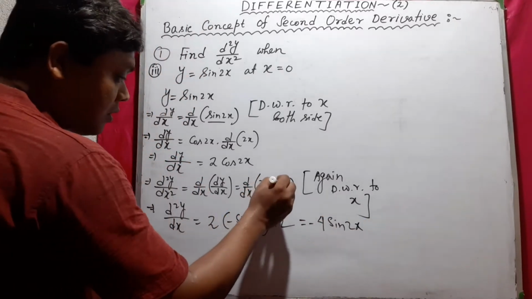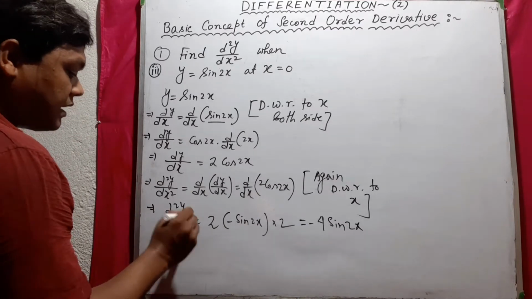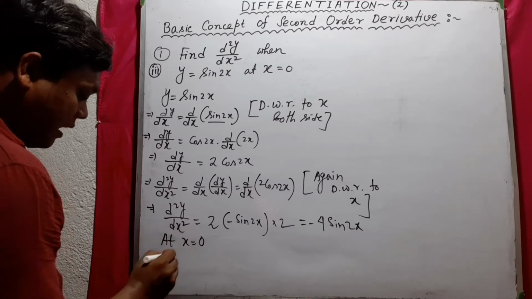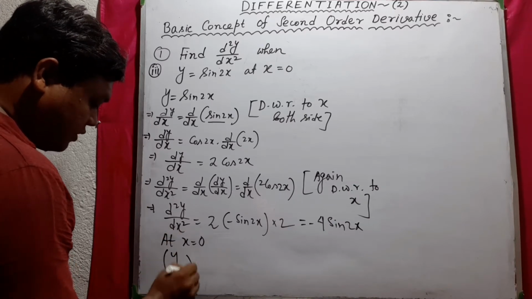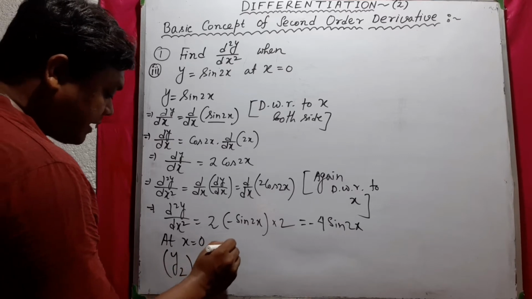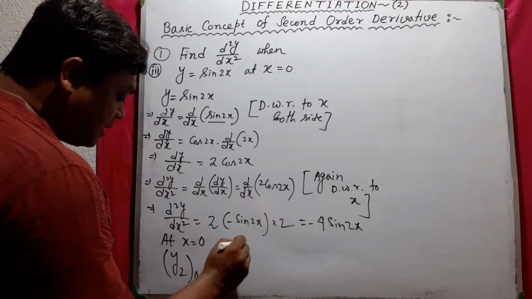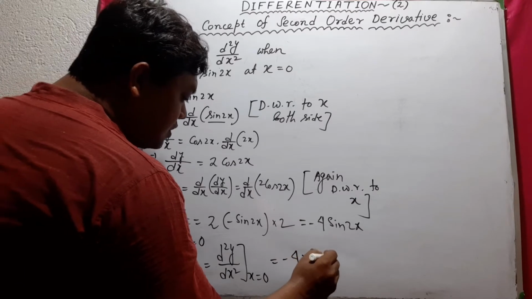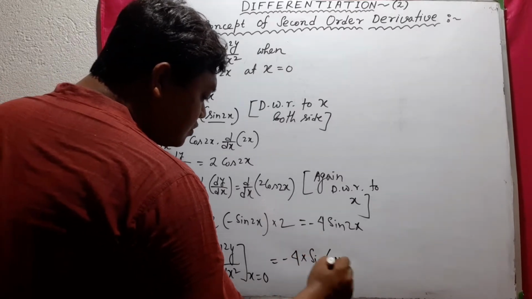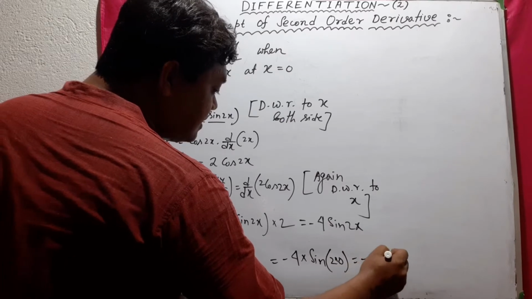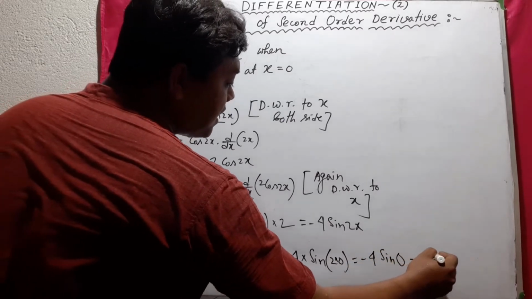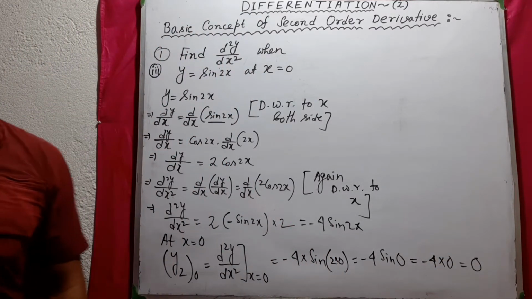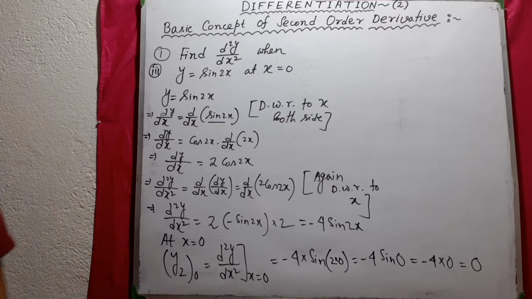Then at the point x equals 0, using the notation y2(0) or d2y/dx2 at x equals 0, if we put minus 4 into sin 2 into 0, so minus 4 sin 0, we know sin 0 is 0, minus 4 into 0, so the value is 0. Clear?